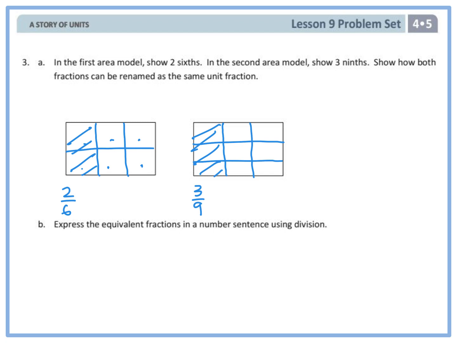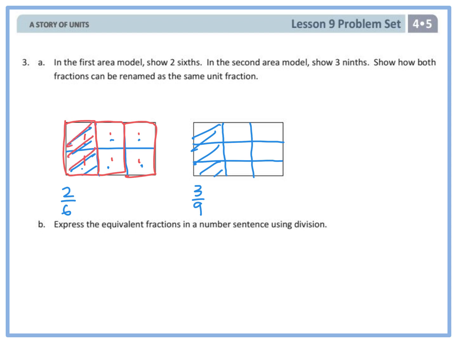So I'm going to go back to where I need to take my fraction. I need to put them into larger units. So because I have 2 of these here, I'm going to count 1, 2, and put them in these groups of 2 units. All right.